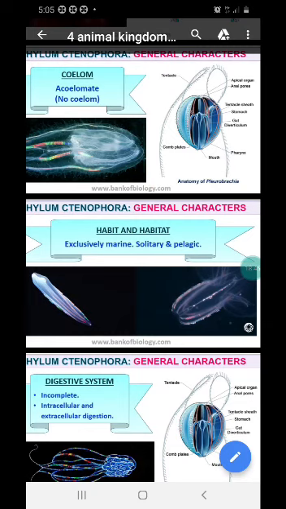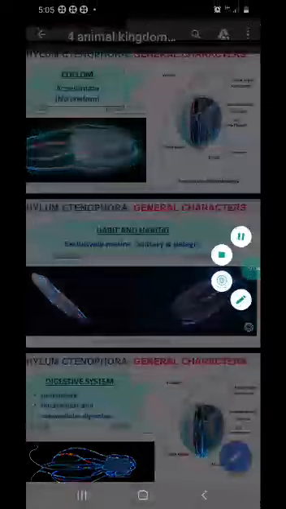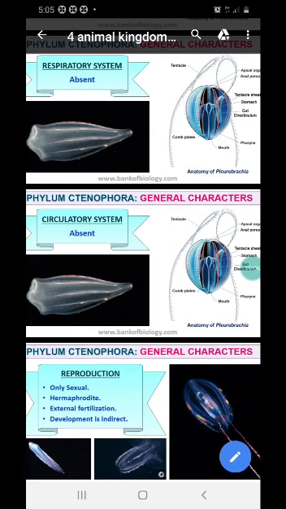And about the digestive system, which is incomplete, you need not read about all these, children. It is just there, so I'm just reading it for you, right? The digestive system is incomplete, and you can find intracellular as well as extracellular digestion. You need not go through the details of the systems and all, you just simply know.